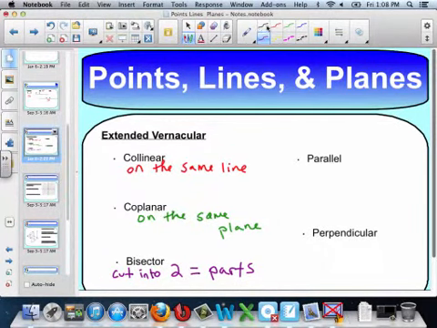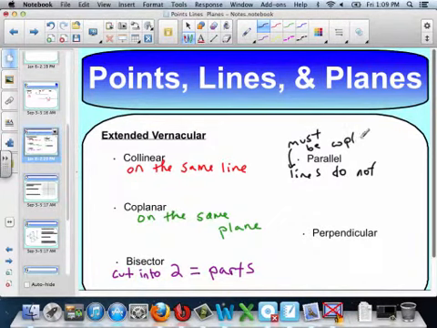Parallel means that the lines do not intersect. They stay on their planes forever and never cross. But in order to be parallel, they must be coplanar, on the same plane. Exactly.